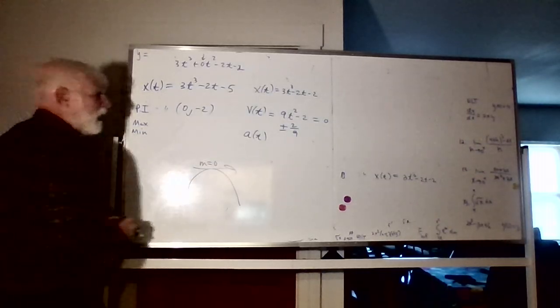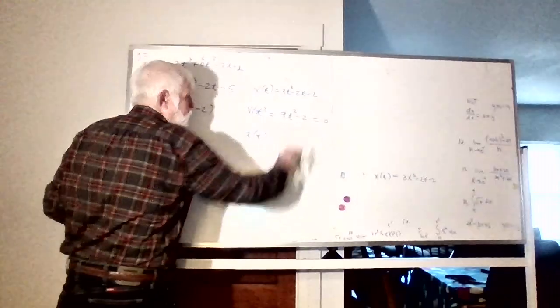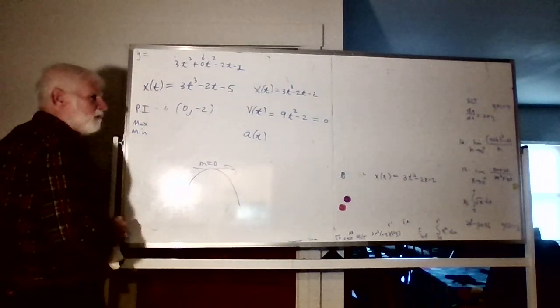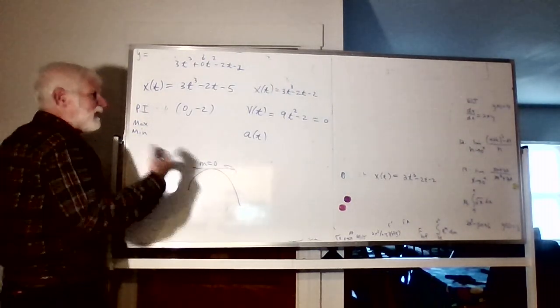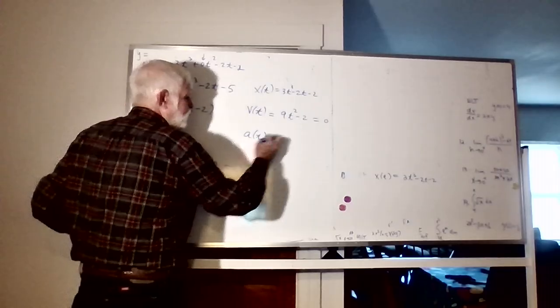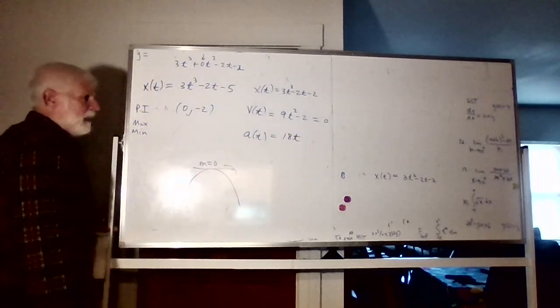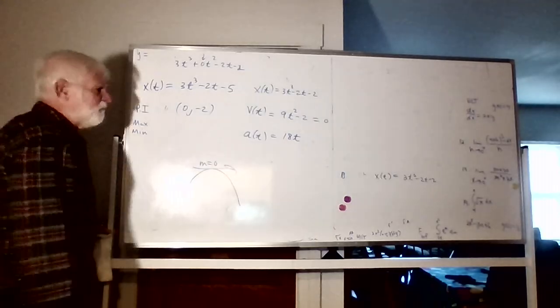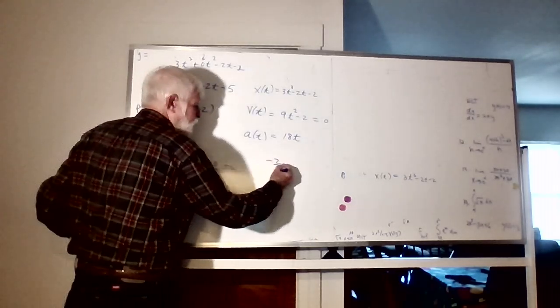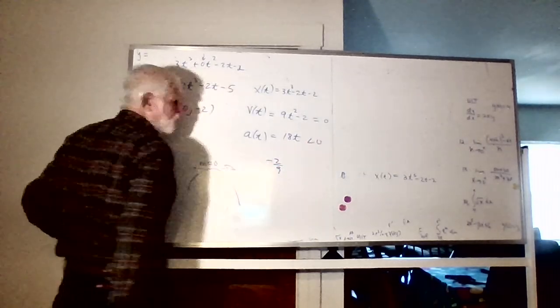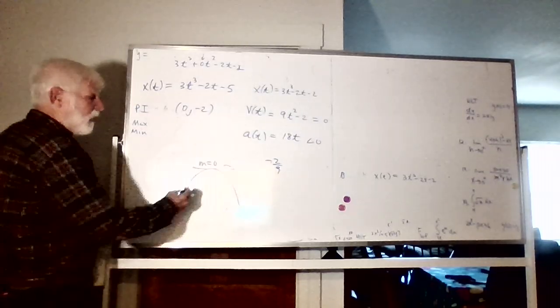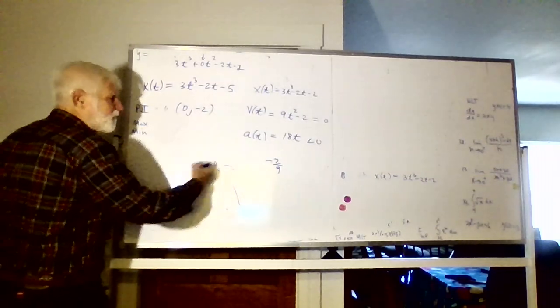Now how do I know when one of the points is a local max and one is a local min? I actually have to find a of t, which in this case is 18 times t. Now when I put a negative number in there, negative 2/9, this is less than 0. And when the second derivative is negative, I am on a concave down interval.